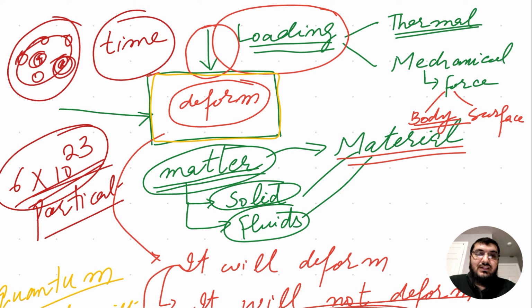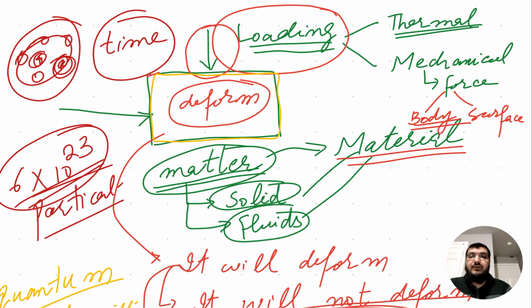You are only interested in the motion of the needles of a clock. Similarly, likewise, in many problems you are not interested in analyzing a material on a particle basis.